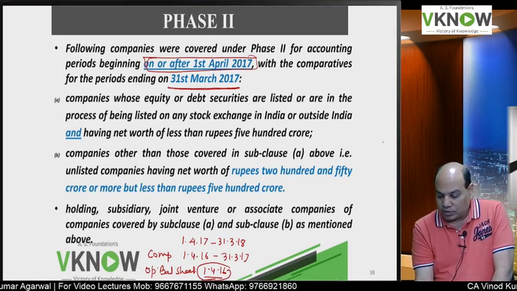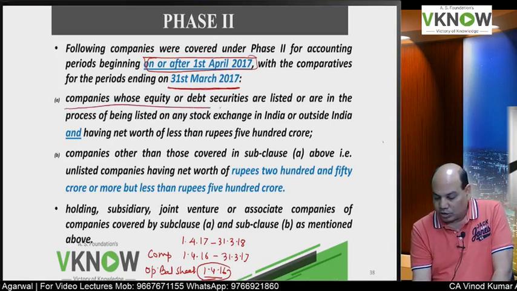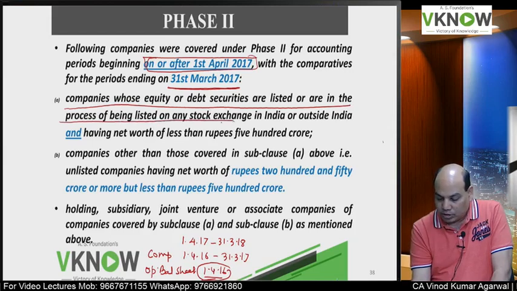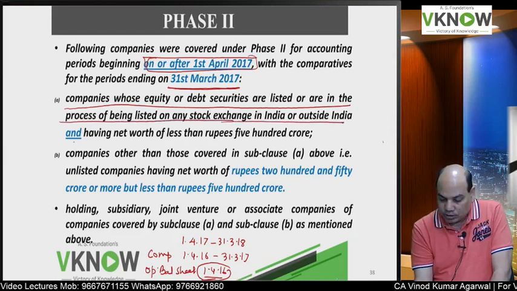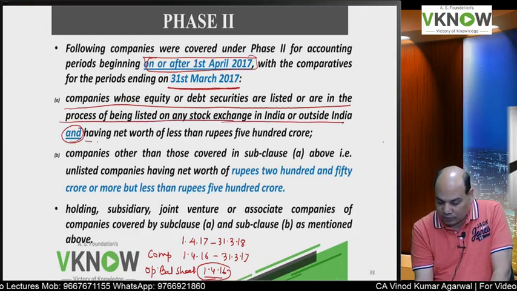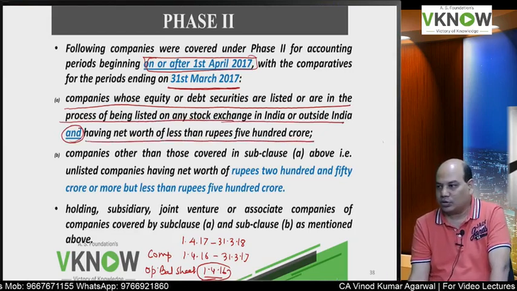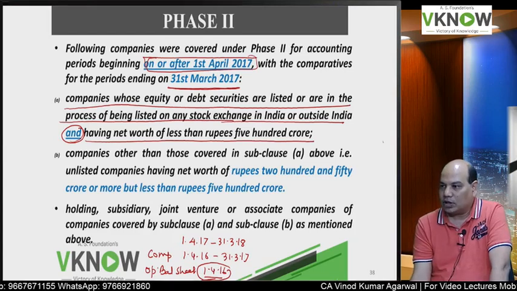So which companies were covered? Companies whose equity or debt securities are listed or in the process of being listed on an Indian stock exchange or outside India, and having net worth of less than rupees 500 crore. Understood? What is the difference here?